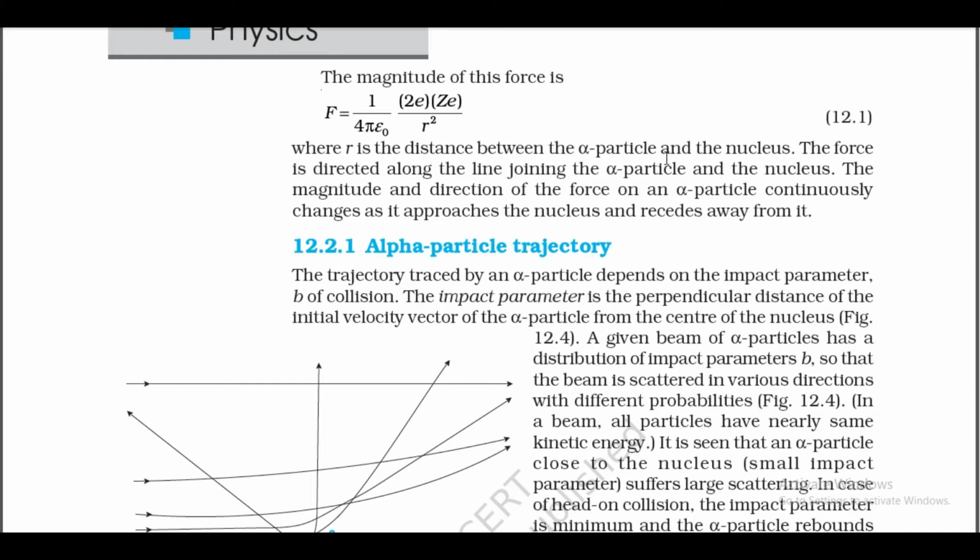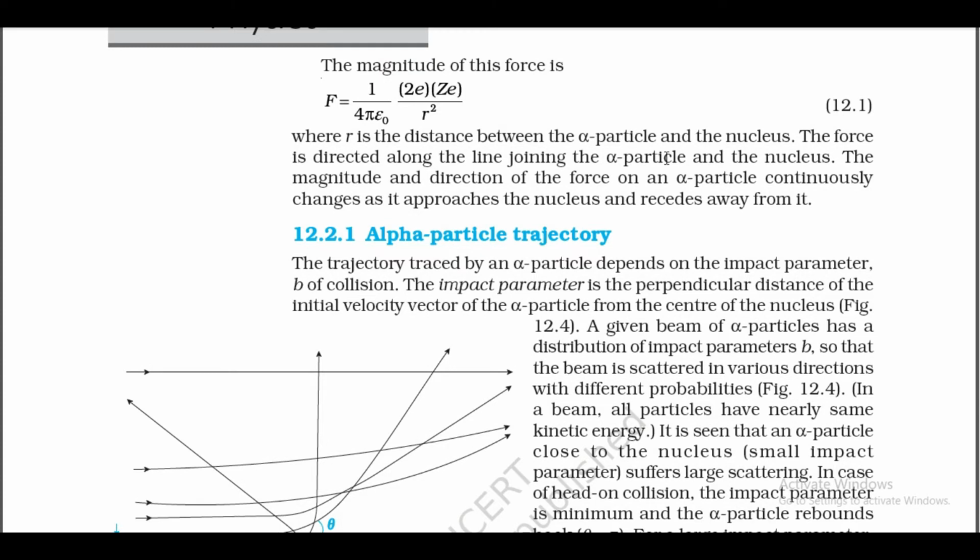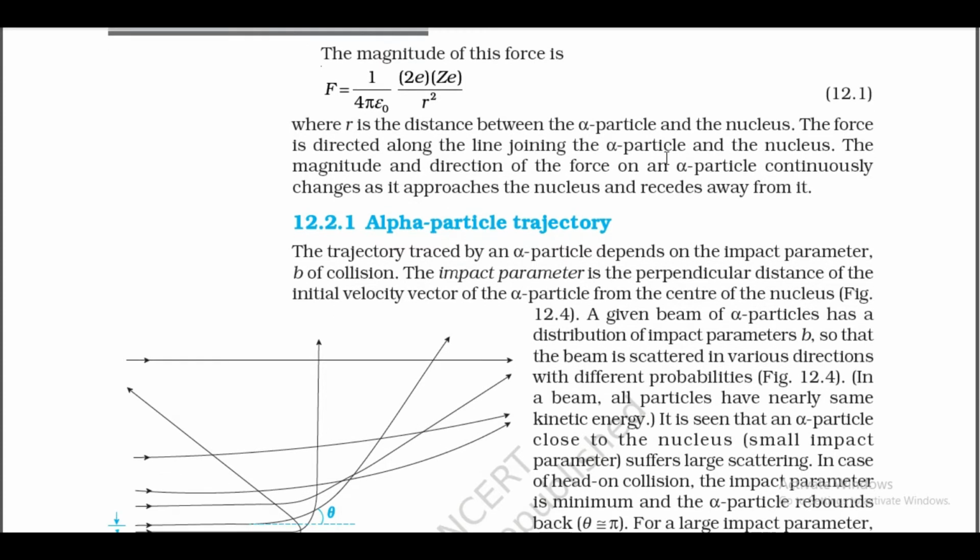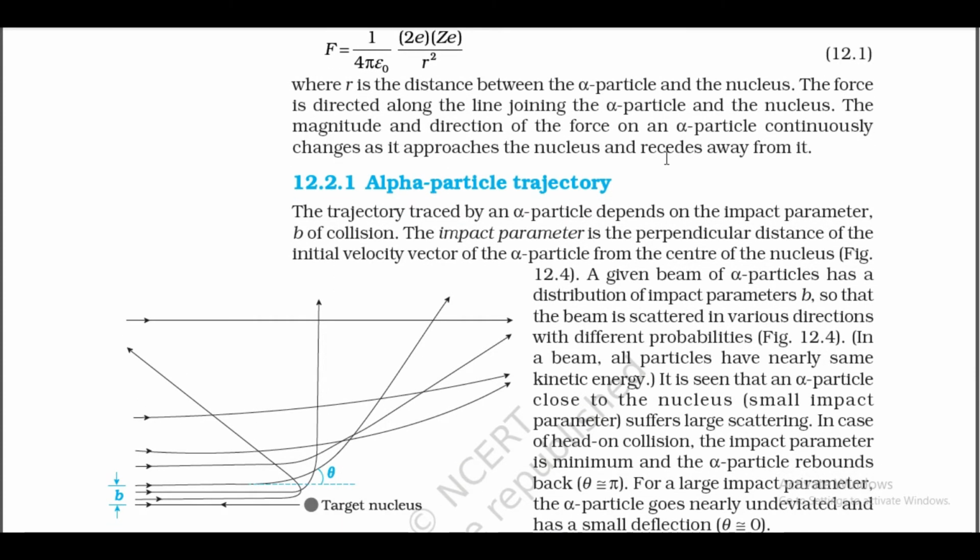Figure 12.4. A given beam of alpha particles has a distribution of impact parameters b, so that the beam is scattered in various directions with different probabilities. In a beam, all particles have nearly the same kinetic energy.